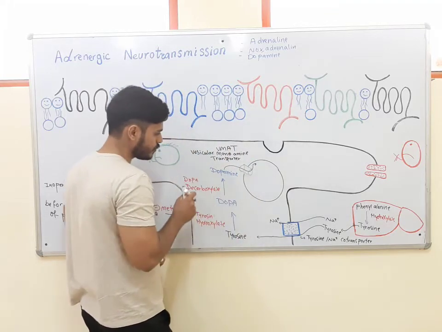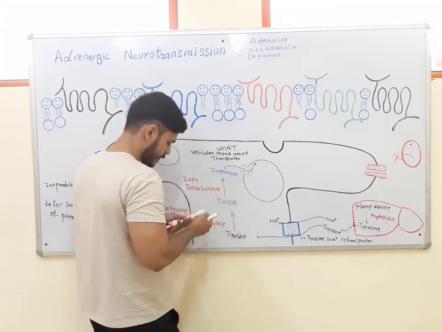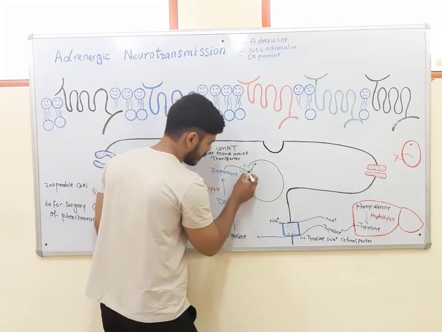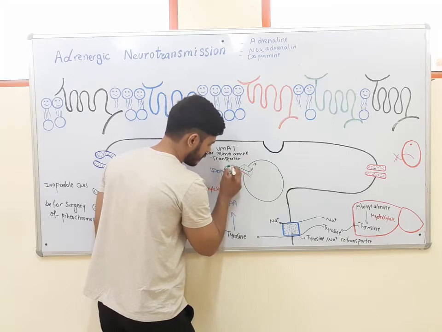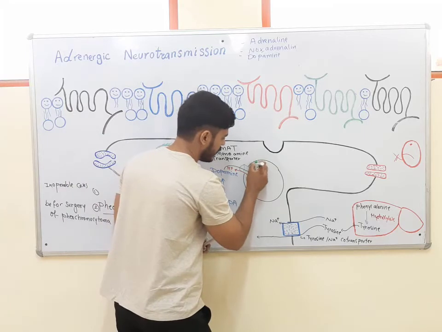In exchange for transporting dopamine into the vesicle, it excretes hydrogen. Now our dopamine is in the vesicles.